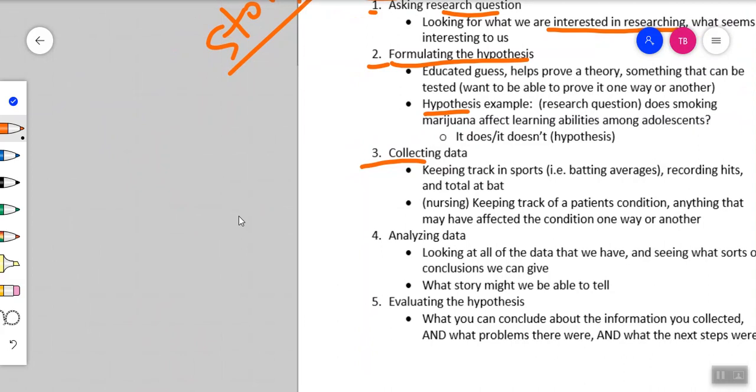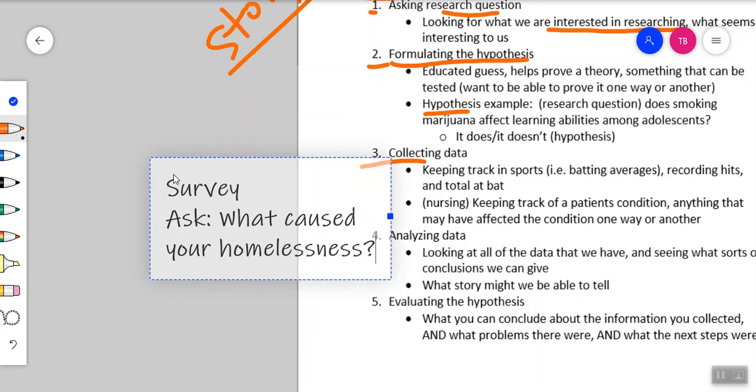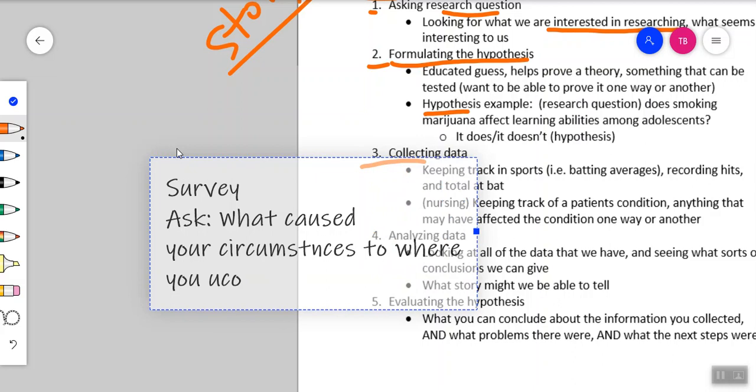Your survey might ask something like, what caused your circumstances to where you couldn't pay rent?